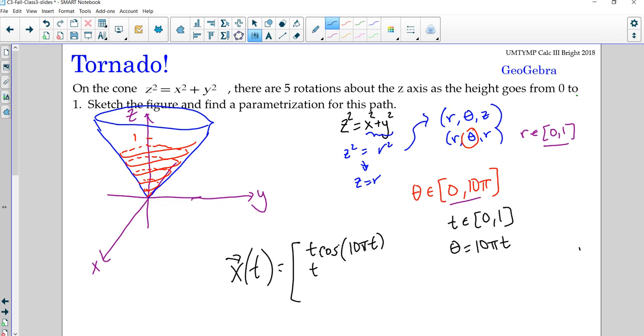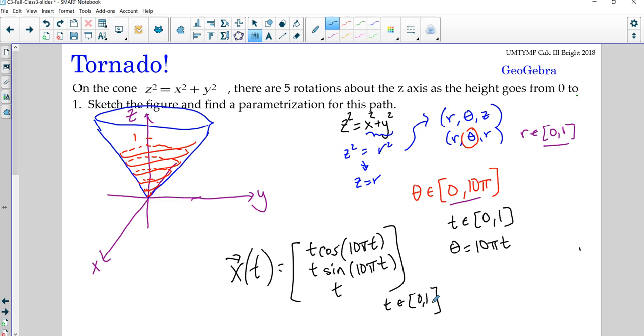Y is r sine of theta, so t sine of 10 pi t. And then z is just z, which is r, which is t. Okay, and then t is within the range of 0 to 1.